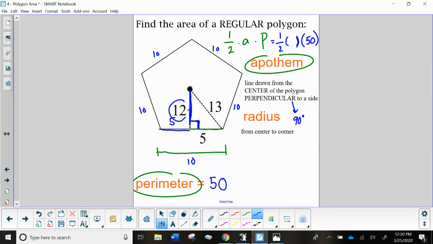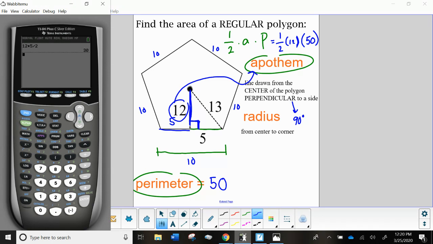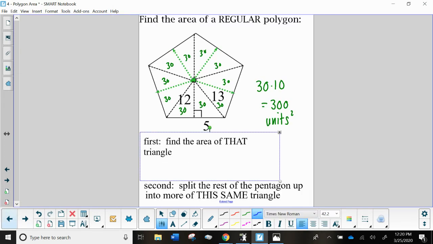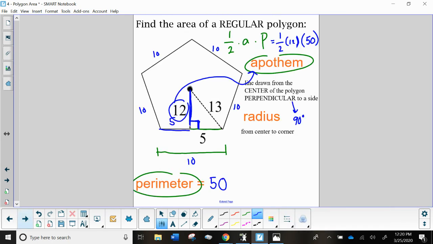So our apothem is 12. So if I go to my calculator and type 1/2 or 0.5 times 12 times 50, I get my same answer as before of 300. So you've got two methods. You can make triangles, or you can use 1/2 times A times P.